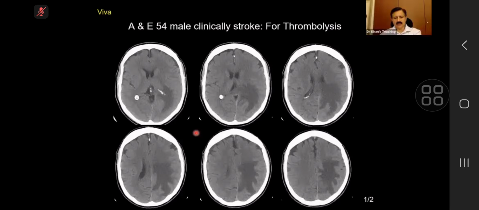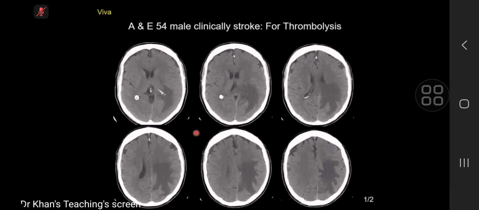Will you allow that? The low density areas are in keeping with an established, evolving infarct. It depends on the time of onset and the clinical presentation of the patient. But radiologically, I do not see any contraindication on these slices.